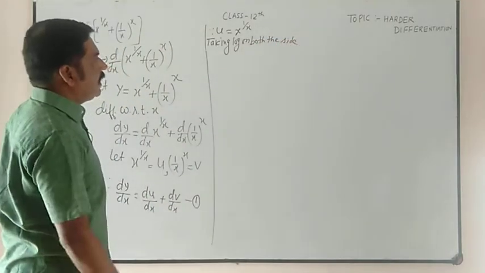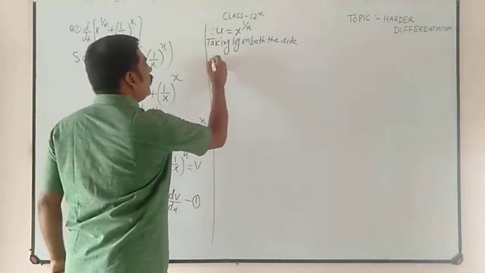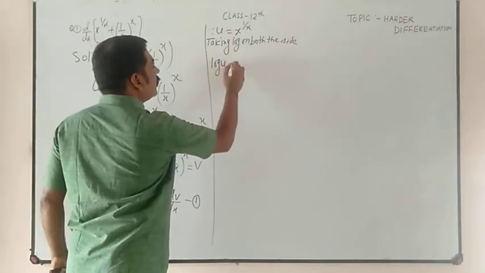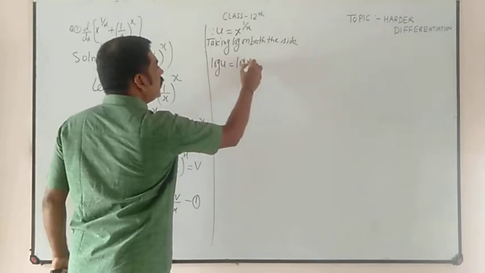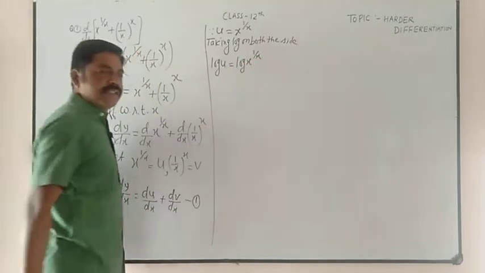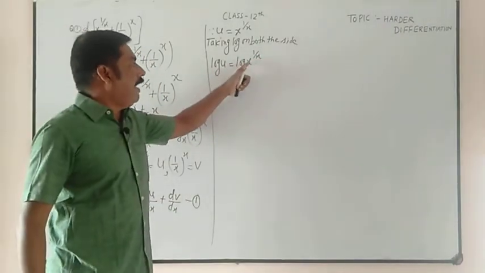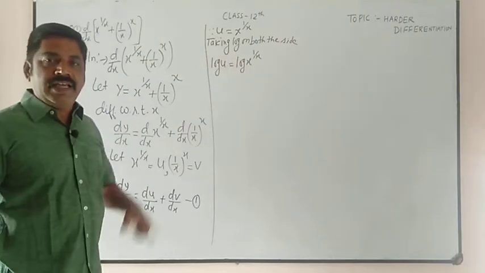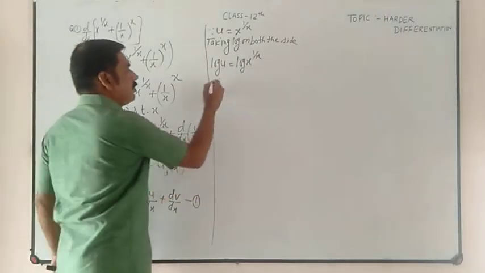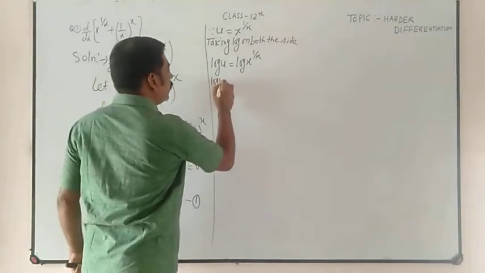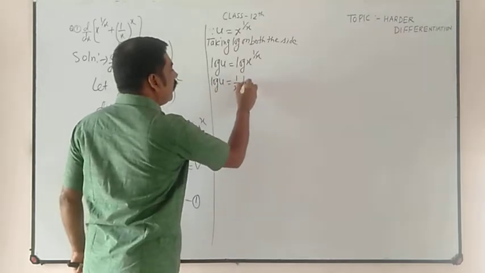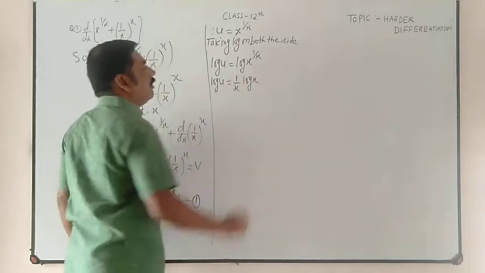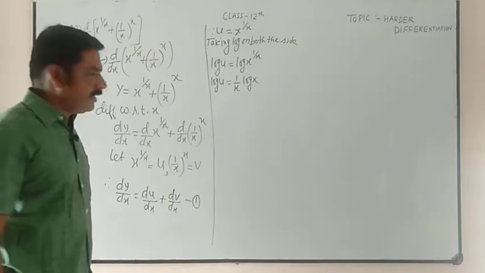Clear? Taking log on both the sides. So log u is equal to log of x raised to 1 upon x. Log m raised to n is n log m. So log u is equal to 1 upon x log x.